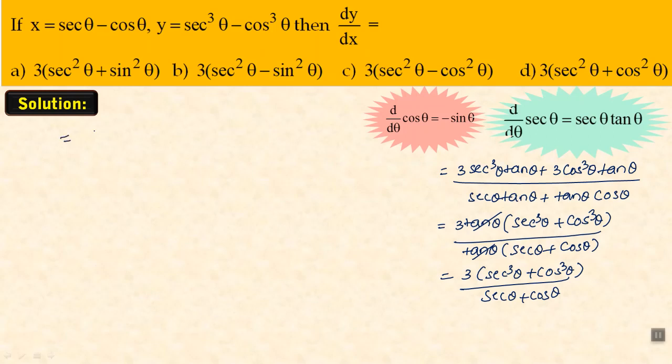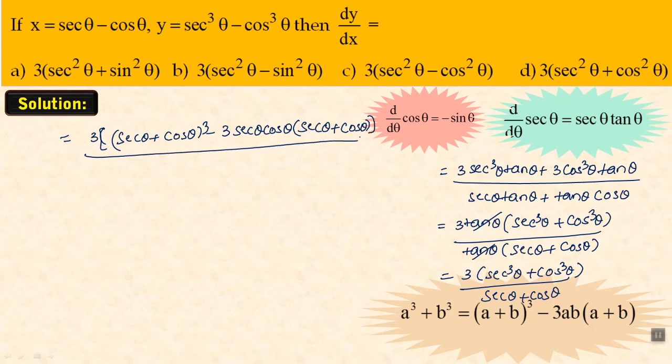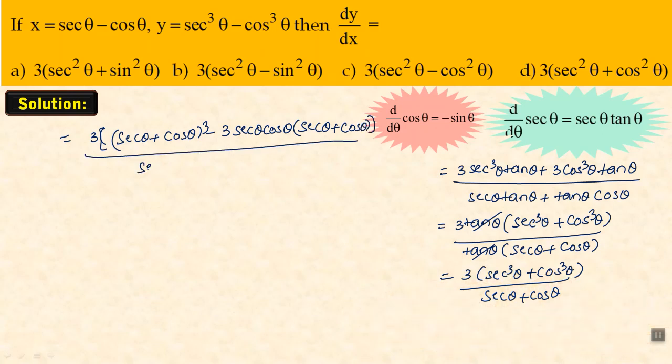that equals 3 into, it is in the form of a cube plus b cube. Here a is secant theta, b is cos theta. Now it can be written as a plus b whole cube, that is secant theta plus cos theta whole cube, minus 3ab, that is 3 into secant theta into cos theta into a plus b, that is secant theta plus cos theta, whole divided by secant theta plus cos theta.